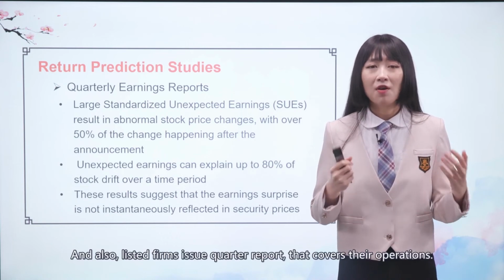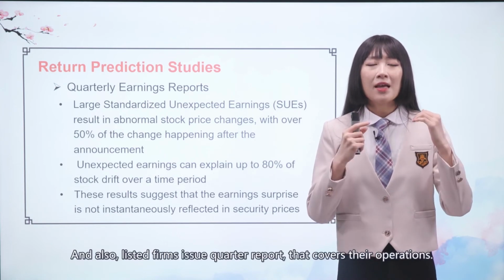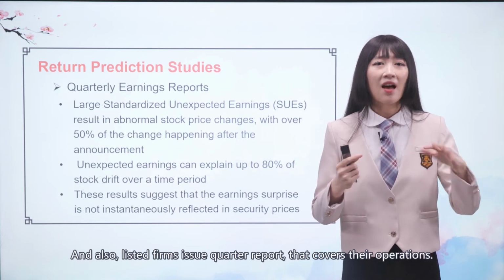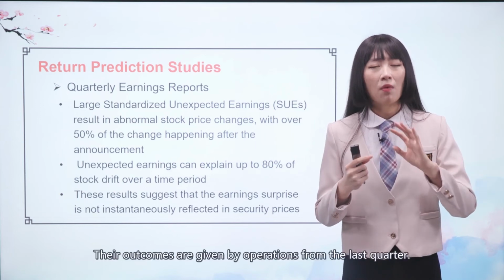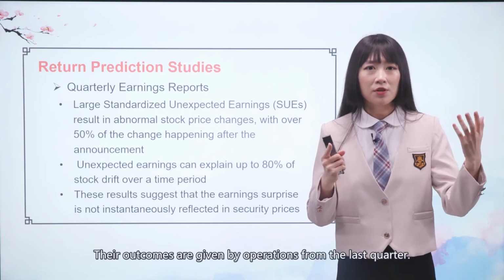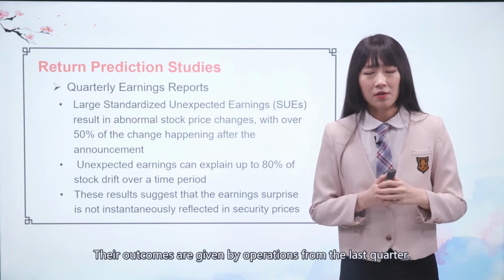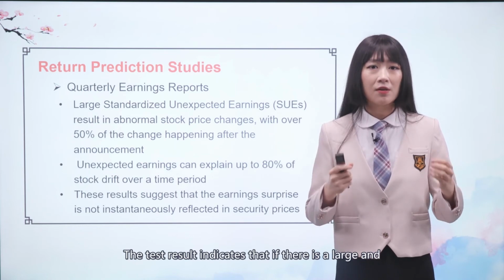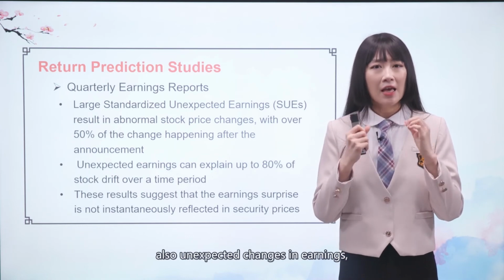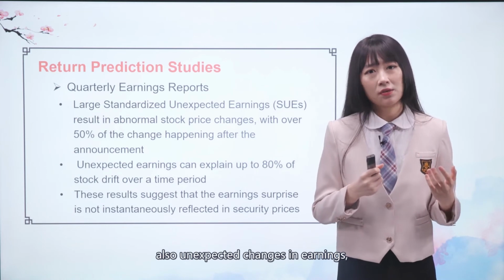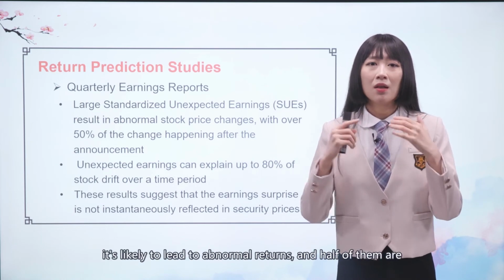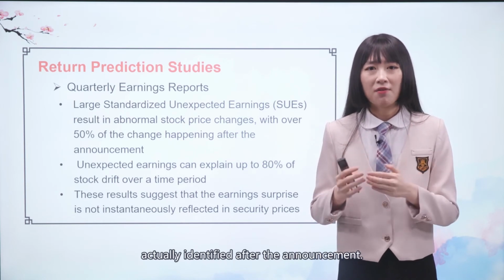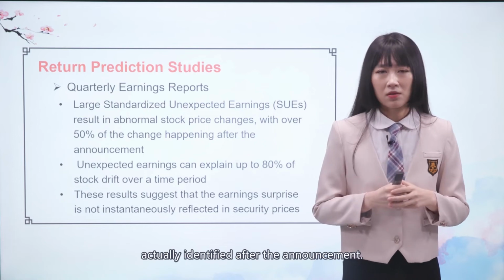Also, listed firms issue a quarterly financial report that covers their operations and outcomes from the last quarter. The test results indicate that if there is a large and unexpected change in earnings, it's likely to lead to abnormal returns, and half of them are actually identified after the announcement.